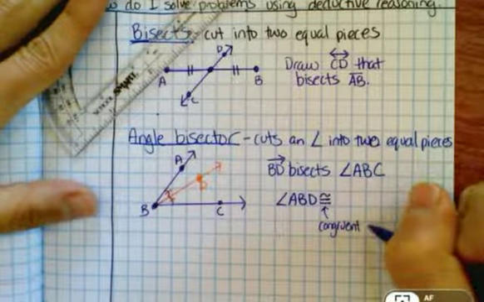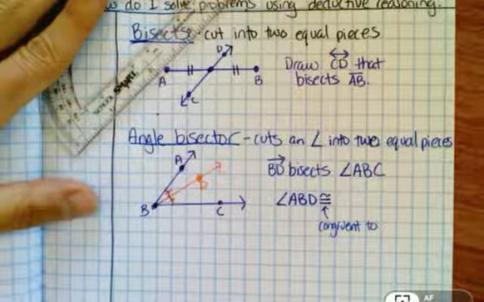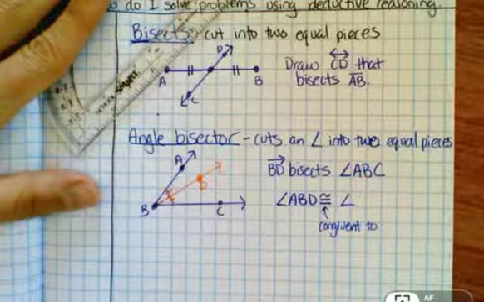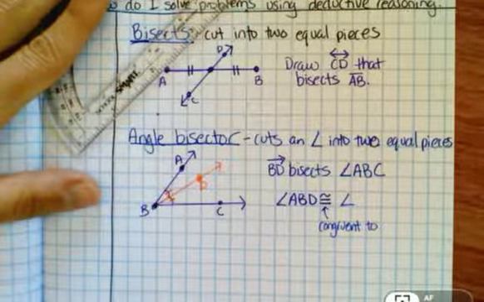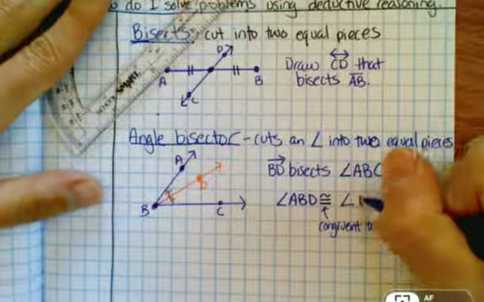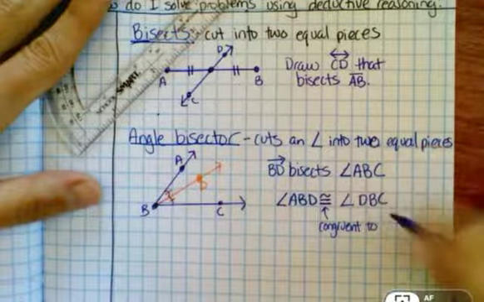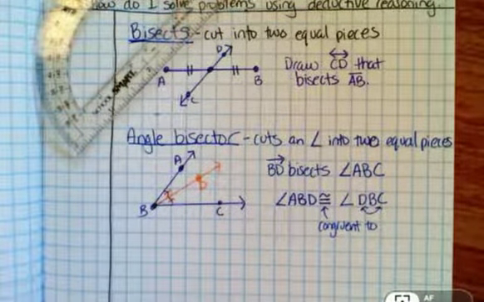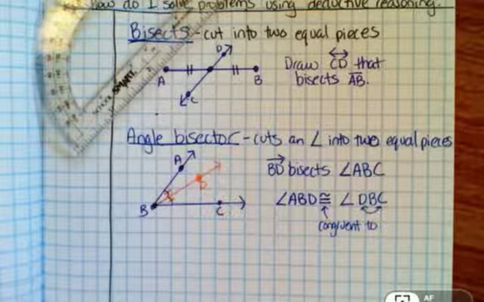It means congruent to, which means equal in measure. It's congruent to what other angle? You guys figure it out and write it down. So hopefully you figured out that it's angle DBC, and obviously you could flip-flop those letters, and that would be fine. You could have written CBD as well. So that's an angle bisector.